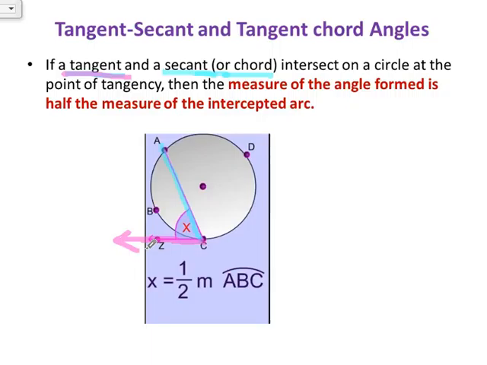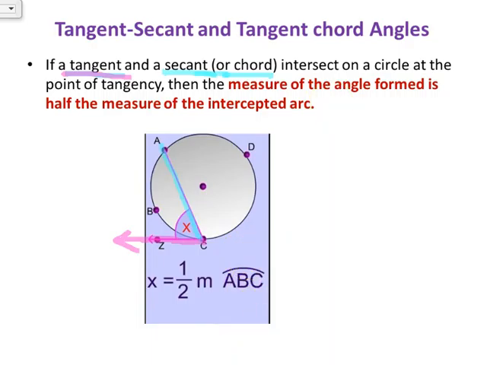When we have an angle formed by a secant and a tangent, with the vertex on the circle, the measure of the angle formed is half of the intercepted arc. The angle measurement is 1/2 the measurement of the intercepted arc.